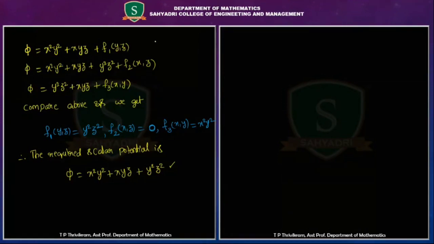There's no function similar to xz function in the remaining two equations. So xyz is not a function of xz, it contains y also. So we'll get no function for x comma z. So we'll get 0. We have to write 0.